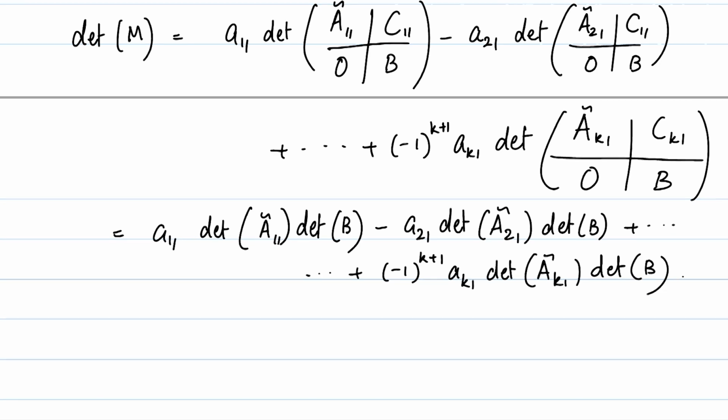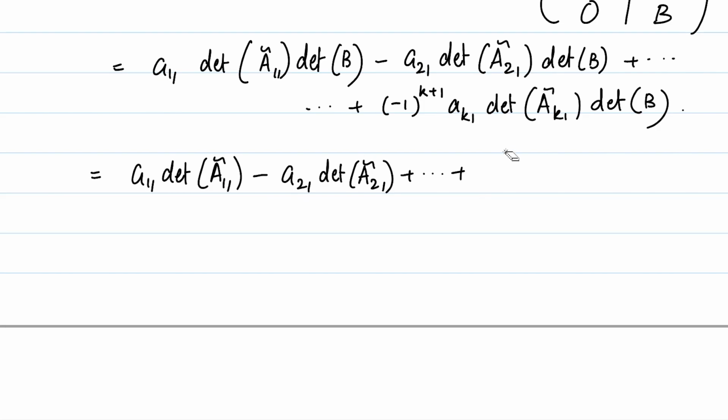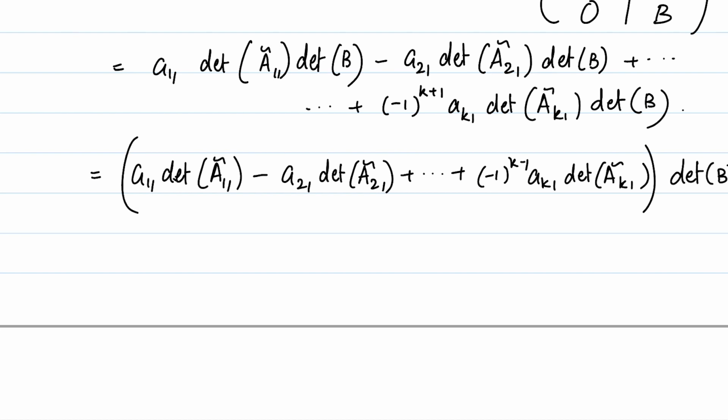Now, if you notice carefully, there is a determinant of B here which is common, which is hence equal to A11 times the determinant of A11 tilde minus A21 times the determinant of A21 tilde plus up to minus 1 to the power k plus 1 A k1 determinant of A k1 tilde, the whole thing times the determinant of B. Now that's interesting because this first term is the determinant of A and the second term is the determinant of B, and that is precisely what we had set out to prove.